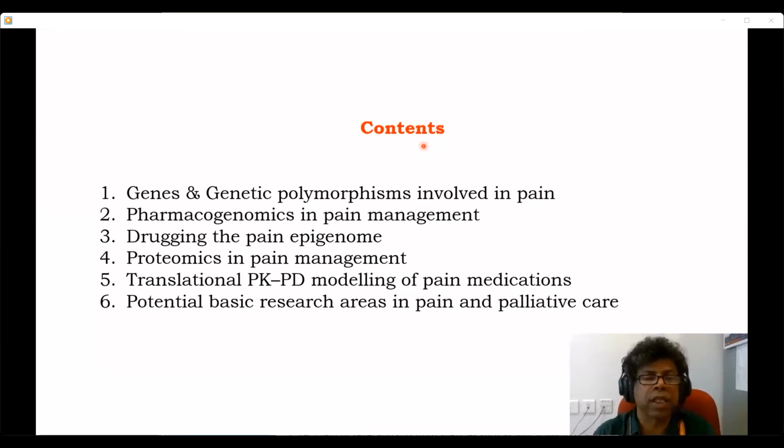Then I'll also discuss translational pharmacokinetic and pharmacodynamic modeling of pain medications. And I'll also talk about the repurposing of drugs, which may be very interesting in this field. And at the end, I'm going to talk a little bit about the basic research areas in pain and palliative care, what we are exactly doing.